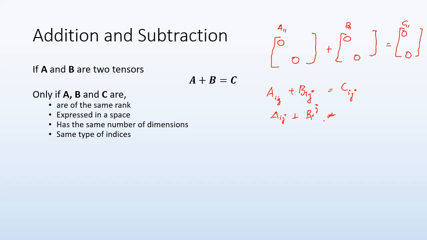This is not possible. Therefore, the type of indices should also matter. In index notation, we can write that Aij added to Bij is equal to Cij. Here A, B and C are all covariant tensors.